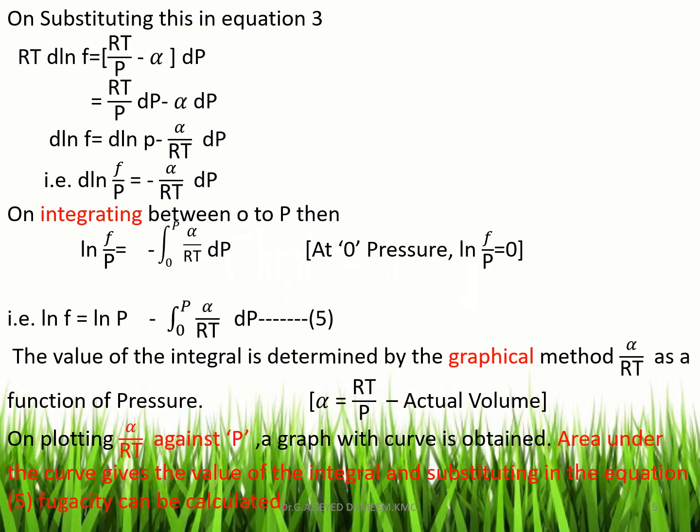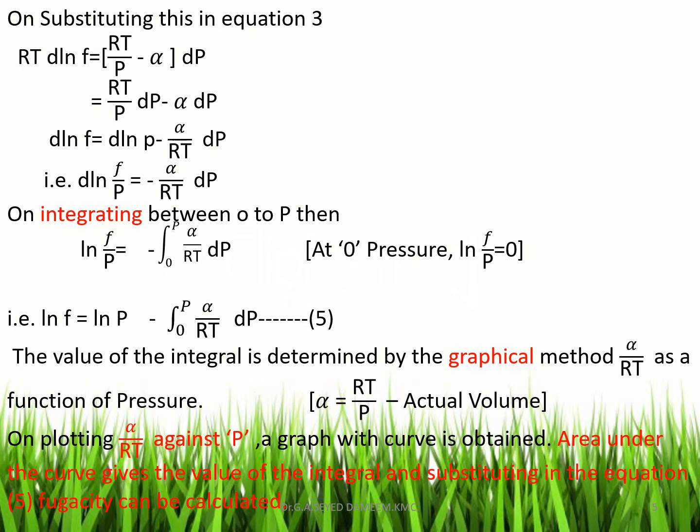That is, ln f is equal to ln P minus integral 0 to P alpha by RT dP, and the value of the integral is determined by plotting alpha by RT versus pressure. Substituting the area under the curve, that is the value of the integral, in the above equation, we get the value of fugacity.